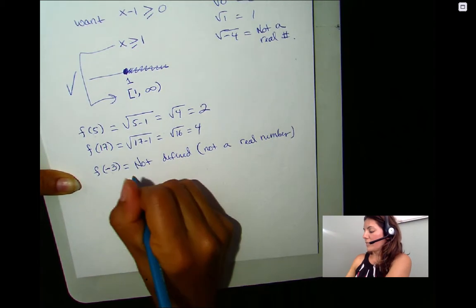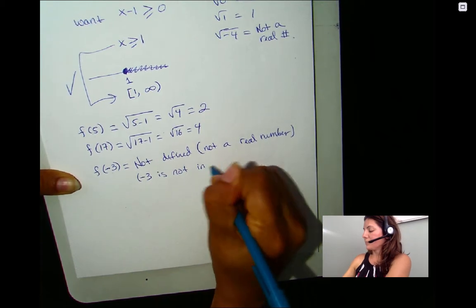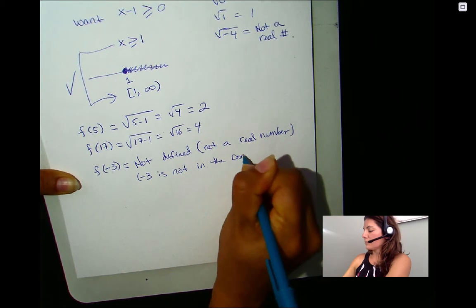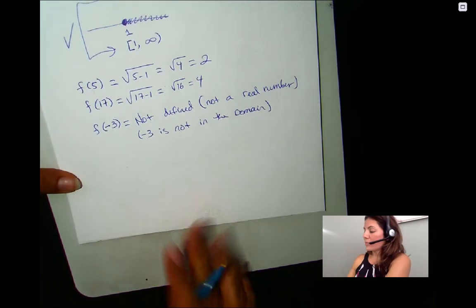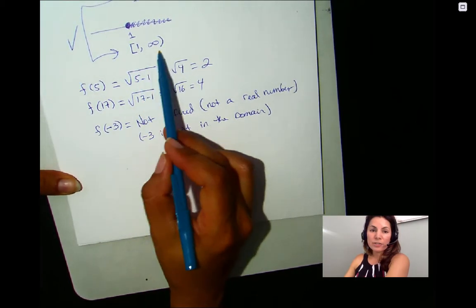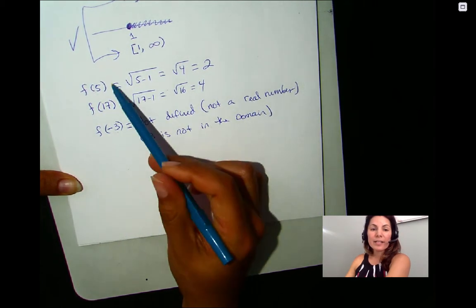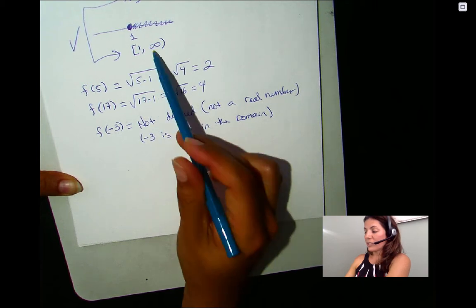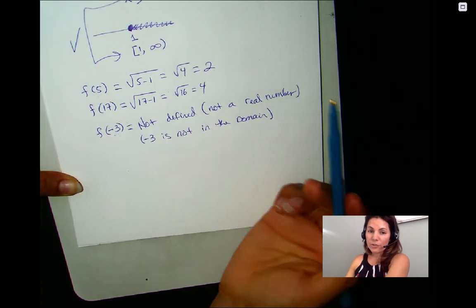Or you can just say negative 3 is not in the domain. So that's why it's important to find the domain of a function first, because then as we're asked for other values, we know, is it in the domain? Yes, okay, I can find it. No, it's not in the domain, I don't need to go any further.